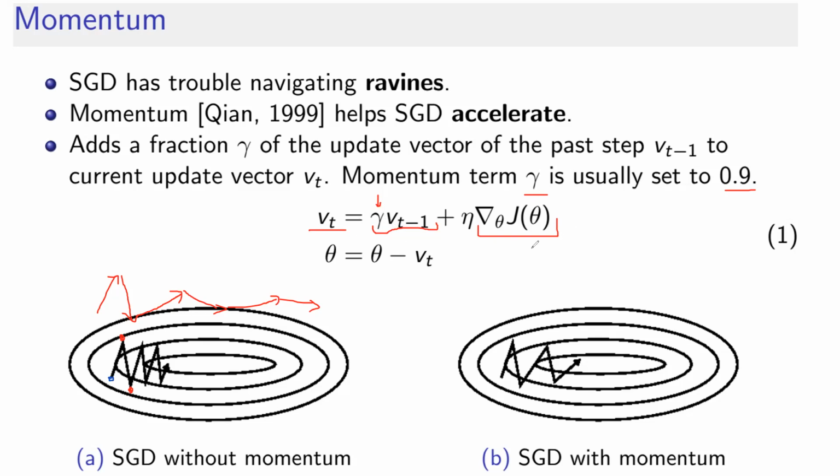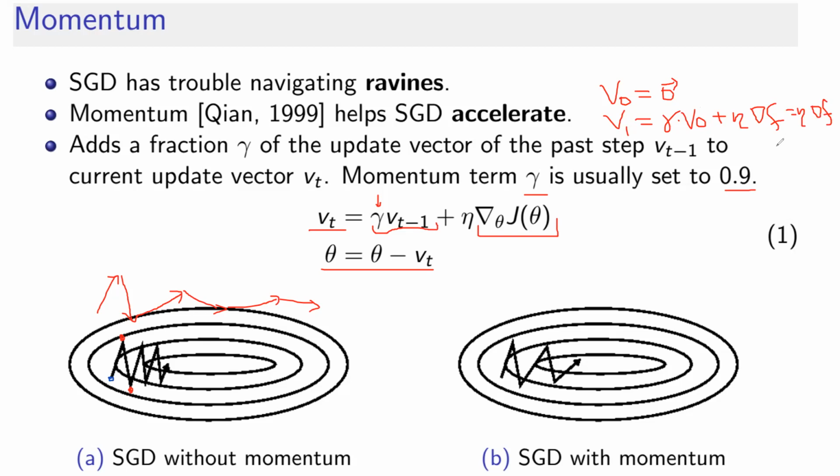After that, we calculate a new jump and we update our theta on this jump. The first value, v0, will be just the 0 vector. But then we calculate v1, which is gamma times v0 plus eta times the gradient of f. Because v0 is equal to 0, this will be just eta times the gradient.